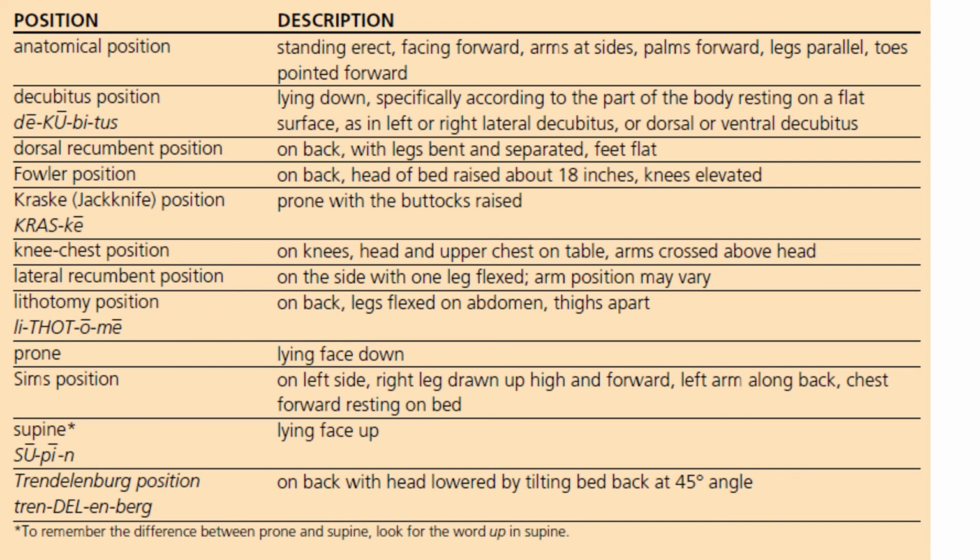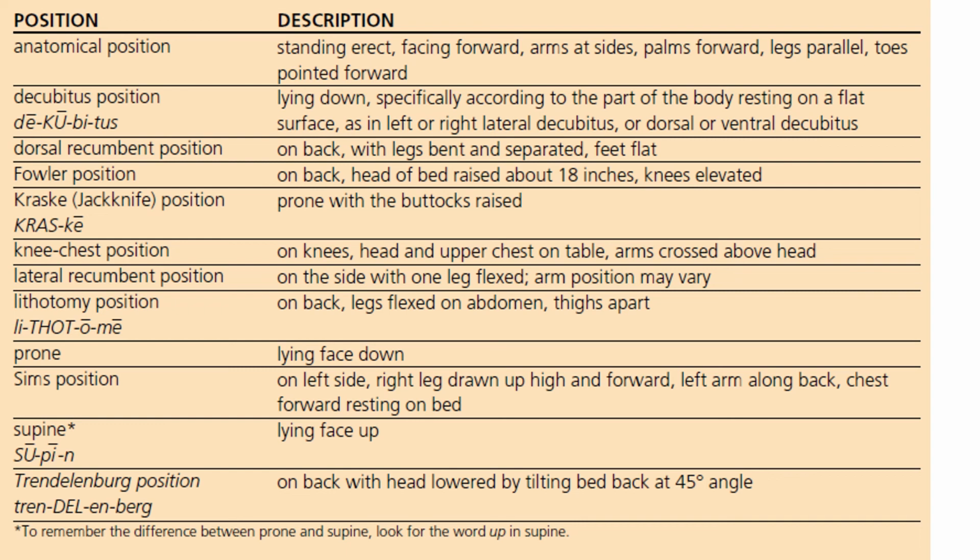Then we have the prone position, which I mentioned earlier. Then we have the Sims position: on left side, right leg drawn up, high and forward, with left arm along the back, chest forward resting on the bed.